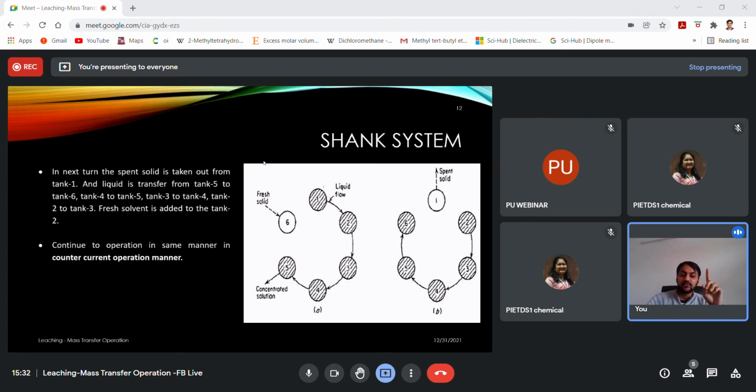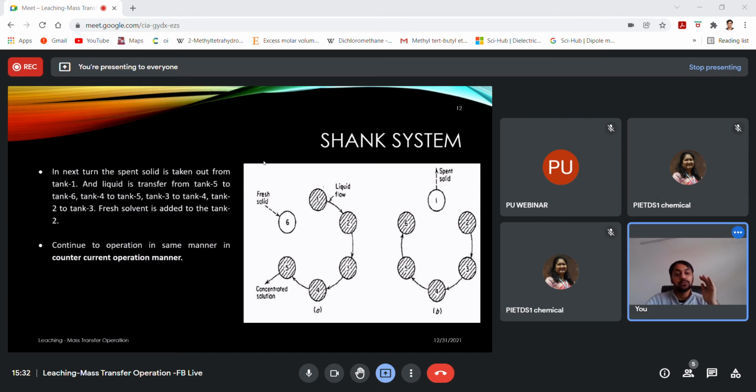In tank 5, previously we added fresh solid, so it was leached the first time. Now liquid is transferred from 4 to 5, so again it was leached. So it is the second time. This way 5 times the liquid is contacted with the same solid, which has a low amount of solute.